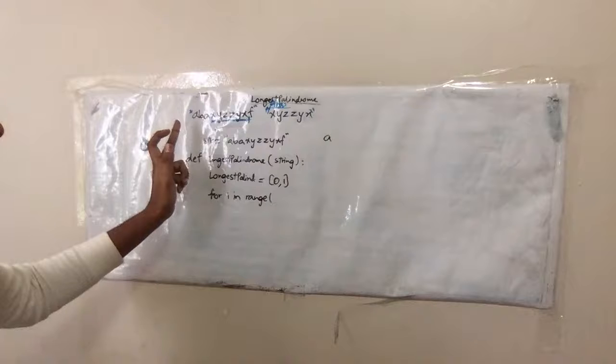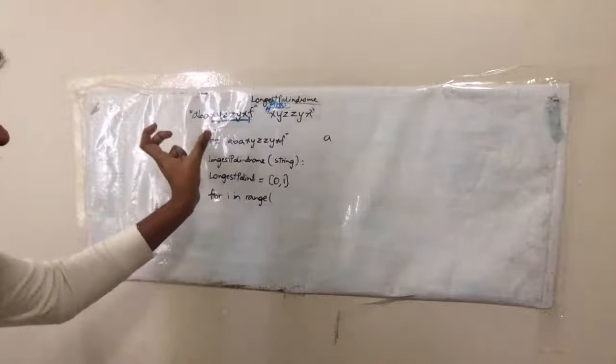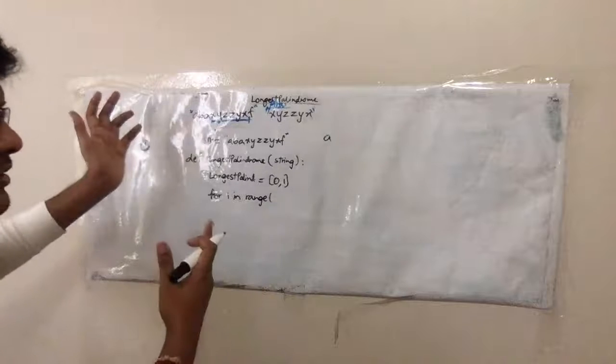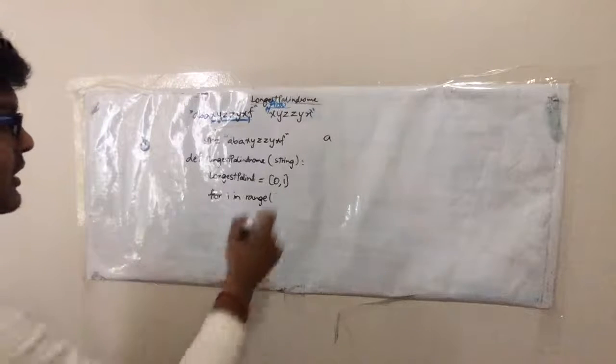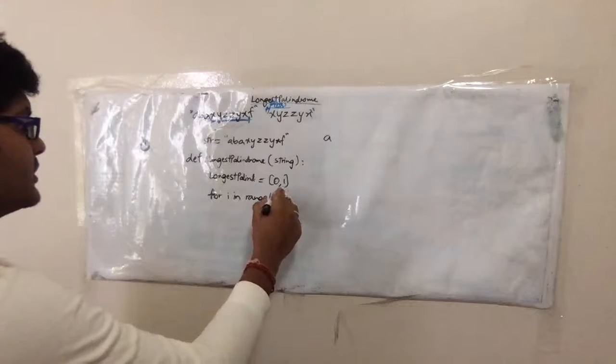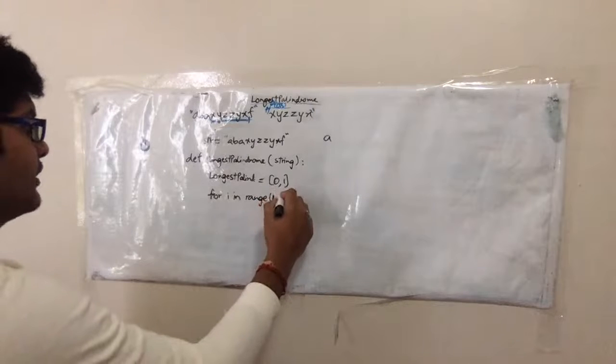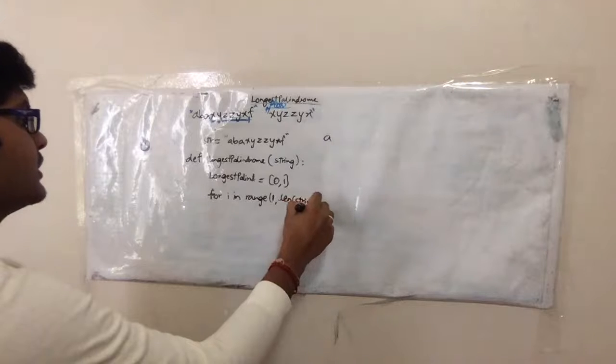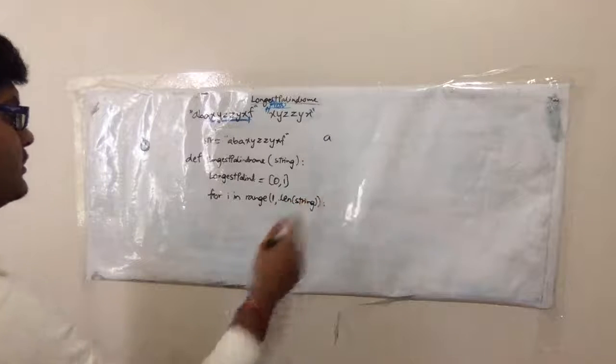The maximum it can go is up to the length of the given string. As we have already taken 0 into consideration, there is no need to check further. Just start with the first index up to the length of the given string. You need to iterate.